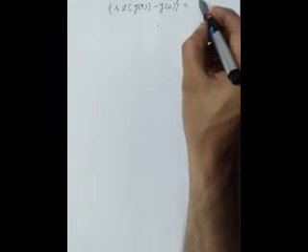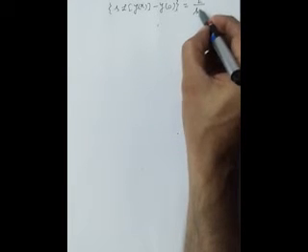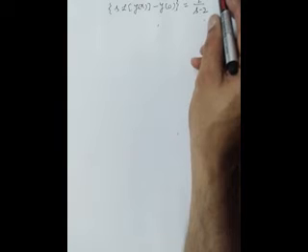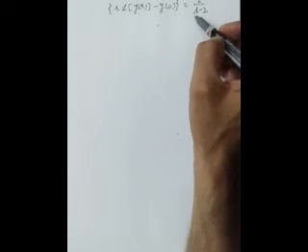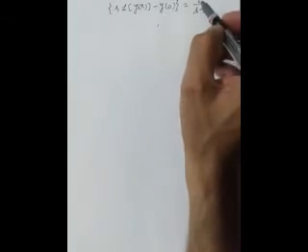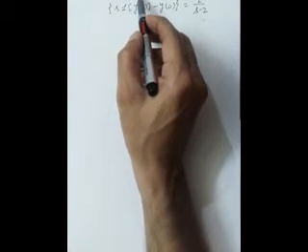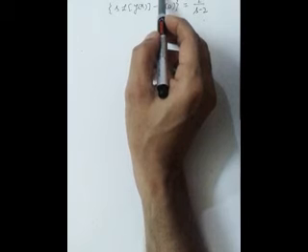This is equal to 1 upon s minus 2, since the Laplace transform of exponential of 2x is equal to 1 upon s minus 2. Also given the initial conditions y0 equal to 0 and y dash 0 equal to 0.